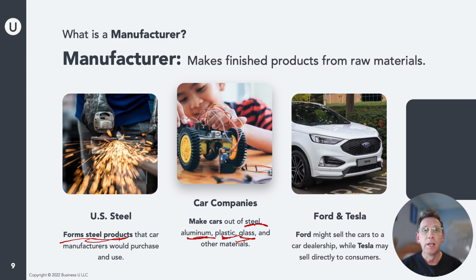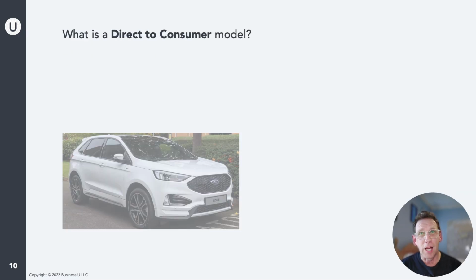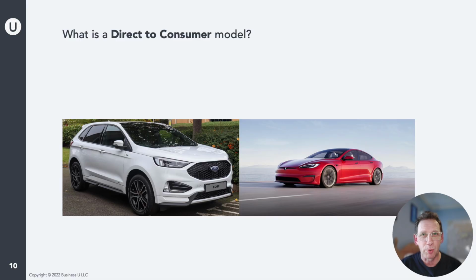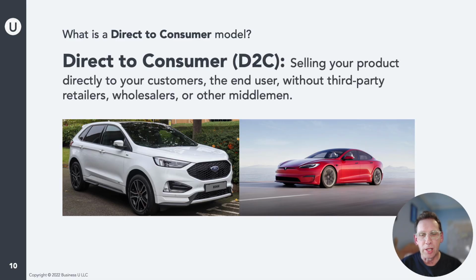Once they make their car, for example, Ford and Tesla, they put all these materials together to create the car. So Ford might sell their cars to a car dealership, but Tesla, on the other hand, may sell directly to consumers. Now, selling directly to consumers is another type of business model, something called direct to consumer model. This is when you are selling your product directly to your customers, the end user, without a third-party retailer, a wholesaler, or other middlemen.